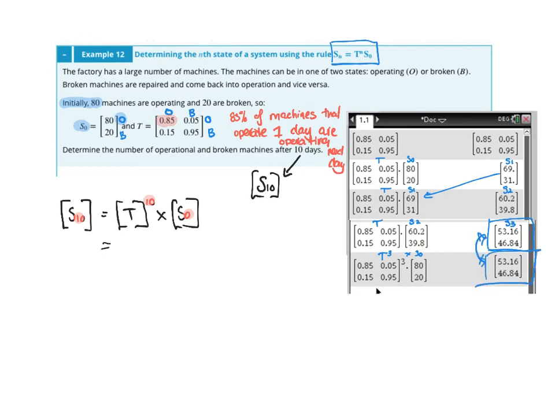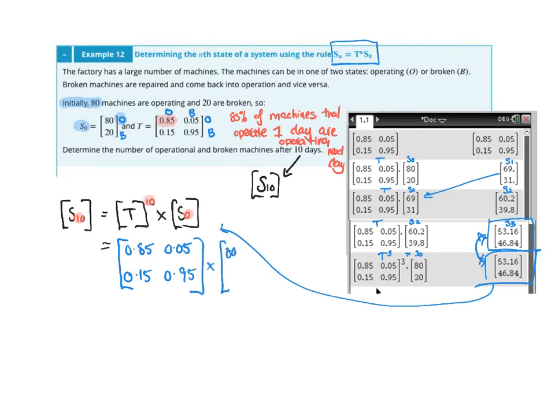So therefore, I can go over into the calculator and type S10. To find S10, I'll do T to the power of 10, so I'll do this matrix to the power of 10 times the original scenario that they gave us, which was 80 and 20.